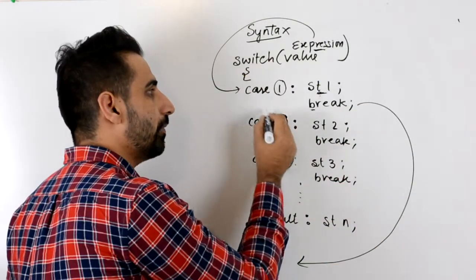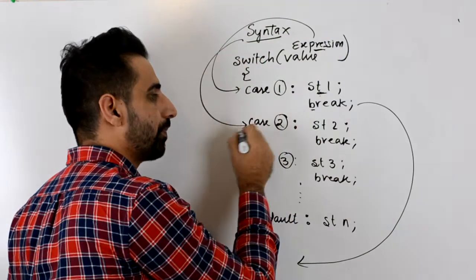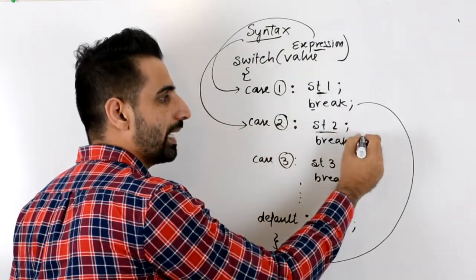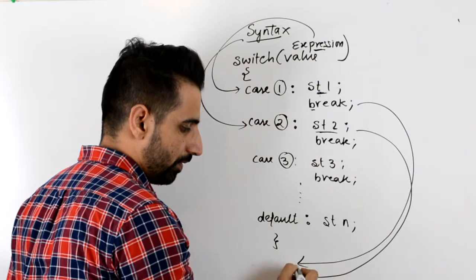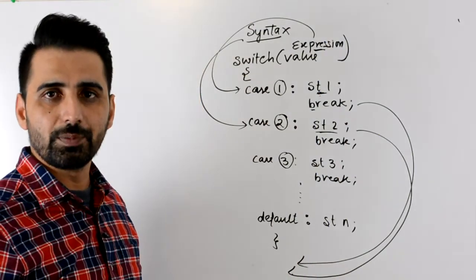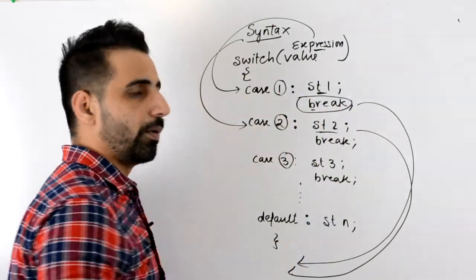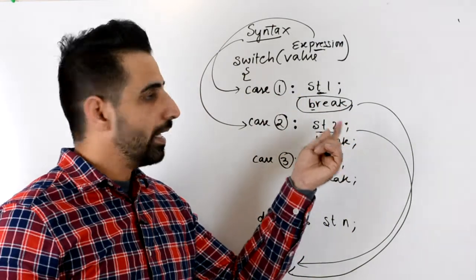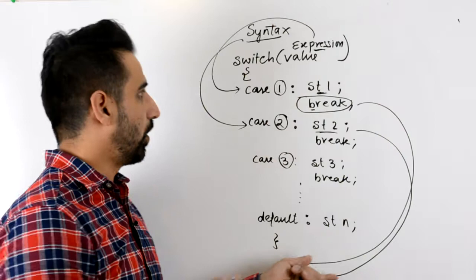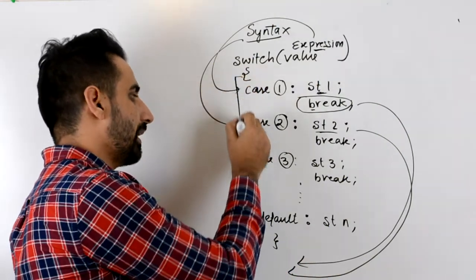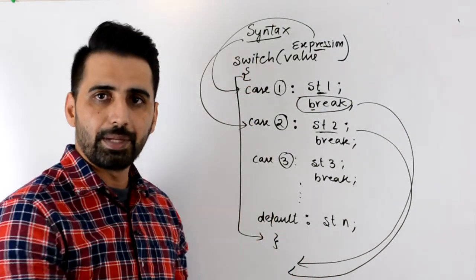If it matches with case 2, then statement 2 will execute and it will come out of this switch. How does it come out of a switch? Because of this break. Whenever it sees a break, it will come out of the switch block. What is the switch block? This opening and closing bracket.